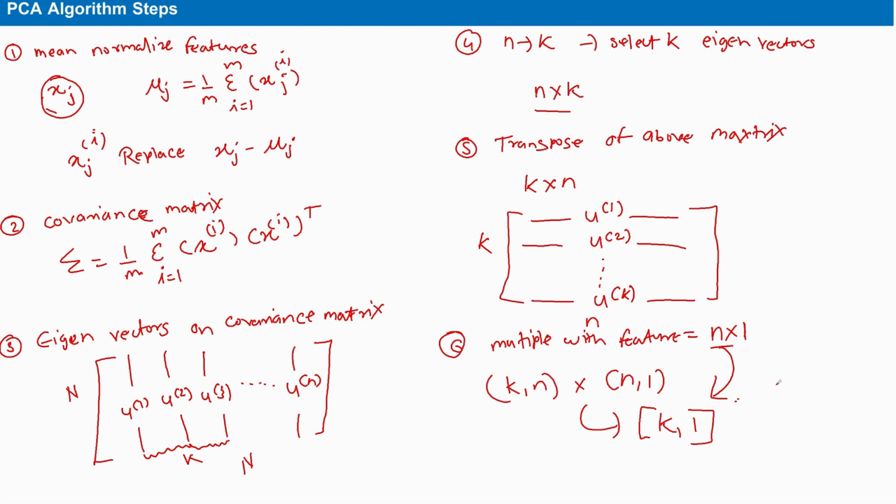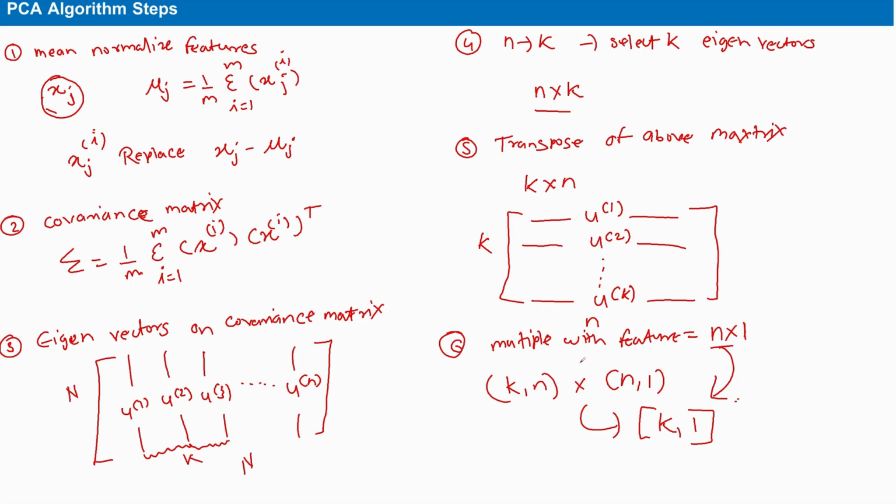I will just again briefly tell: first we need to take the mean normalization of the features, then compute the covariance matrix, then compute the eigenvectors of the covariance matrix. Then if we want to reduce the dimension from n to k, we select k columns from the eigenvectors matrix and take the transpose of that matrix, which changes it from n by k to k by n.